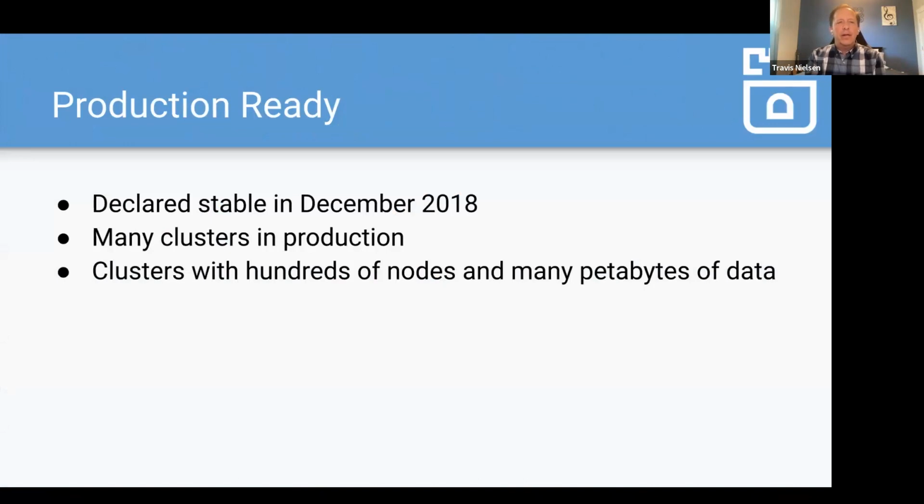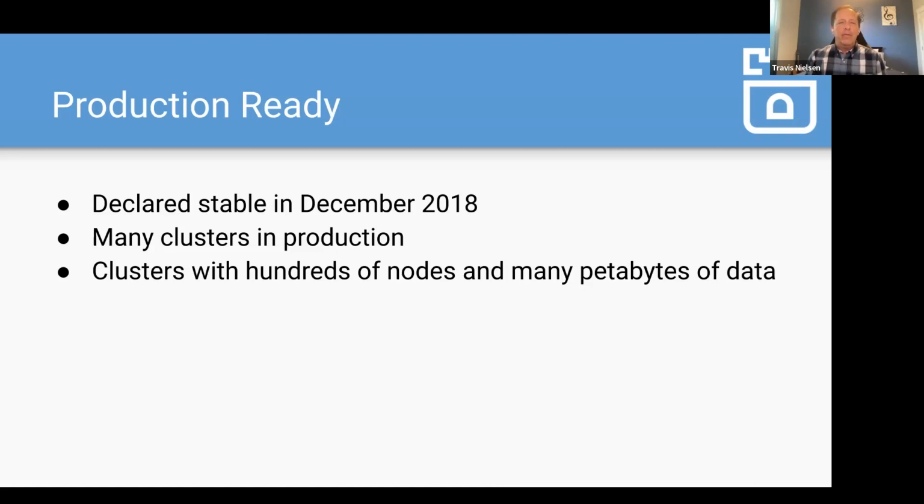We did declare Rook as stable with the Ceph storage platform in December of 2018, so we're right about 5 years now. There are so many users in production, both upstream and downstream products based on it.